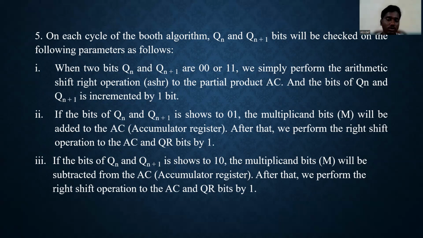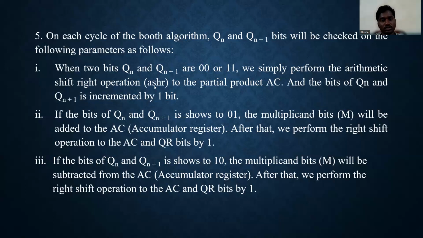If the bits of Qn and Qn+1 are 1, 0, the multiplicand bit M will be subtracted from the AC accumulator register. After that, we perform right shift operation to the AC and QR bits by 1.